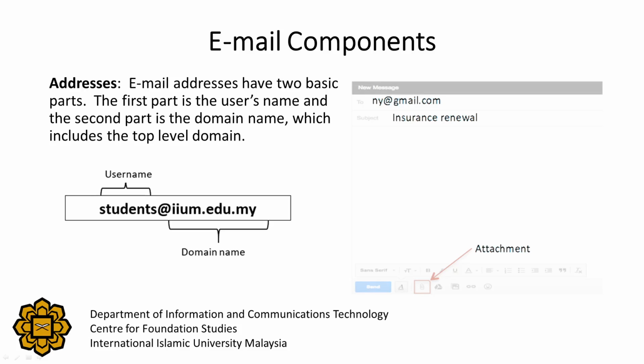It is called blind carbon copy because the other recipients won't be able to see that someone else has been sent a copy of the email. So that is what CC and BCC mean.